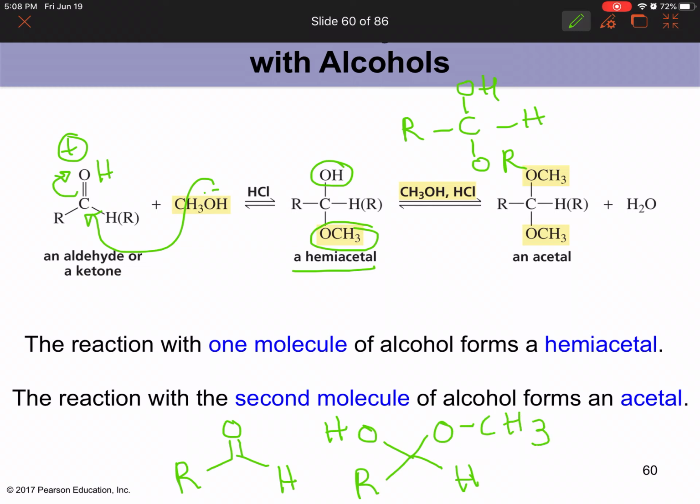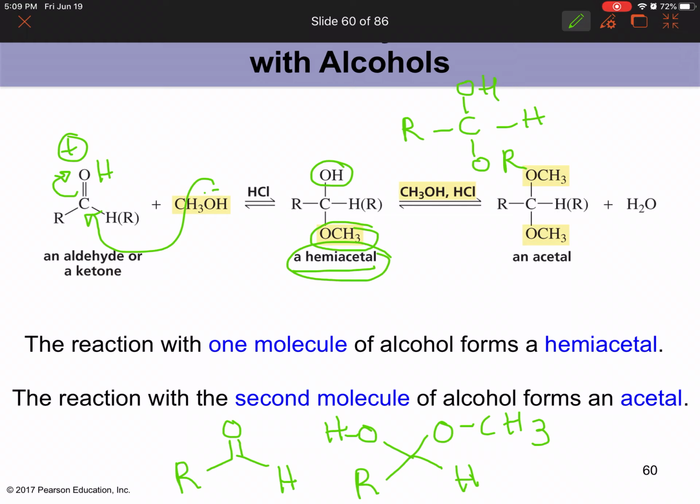So two oxygens. Now we have one carbon carrying hydrogen, one carbon carrying a hydroxy group, the other carbon carrying a methoxy group. We call this kind of a complex a hemiacetal: carbon with an alcohol group and another alkoxy group, oxygen attached to another carbon.